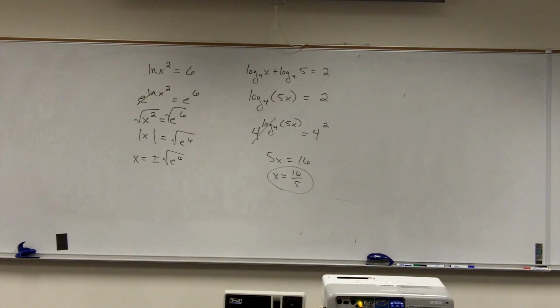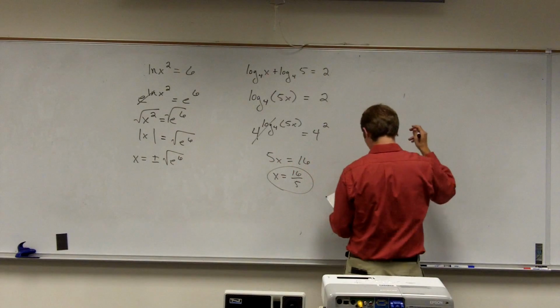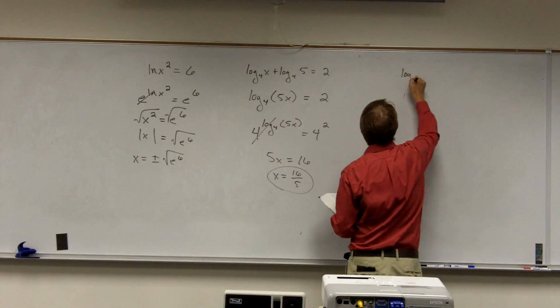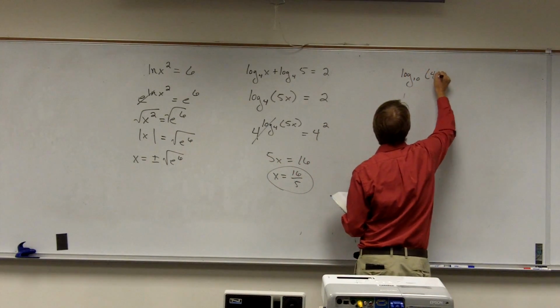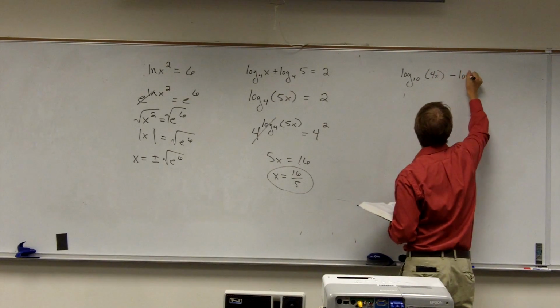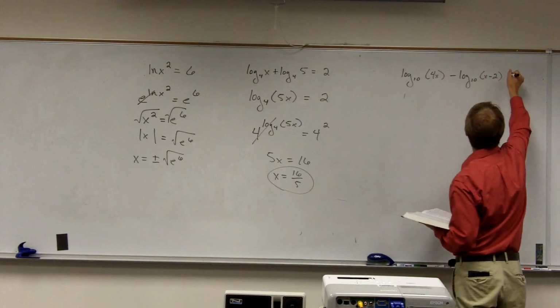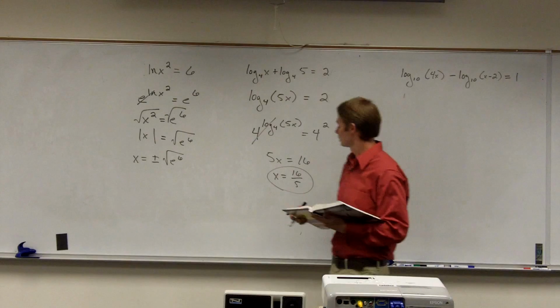Maybe we'll do one more that's similar to that. How about this guy? Log base 10 of 4x minus log base 10 of x minus 2 is equal to 1.